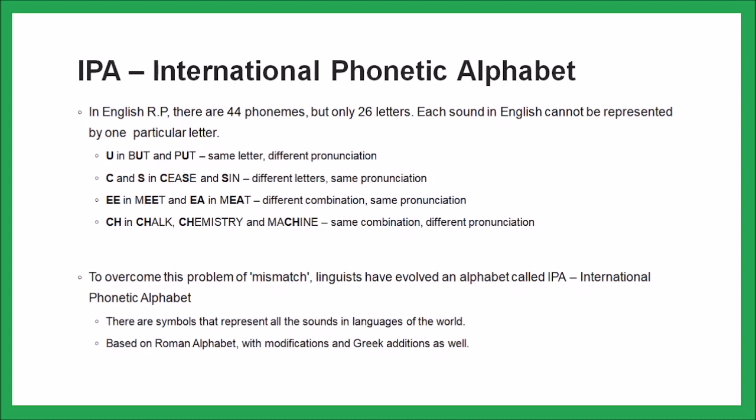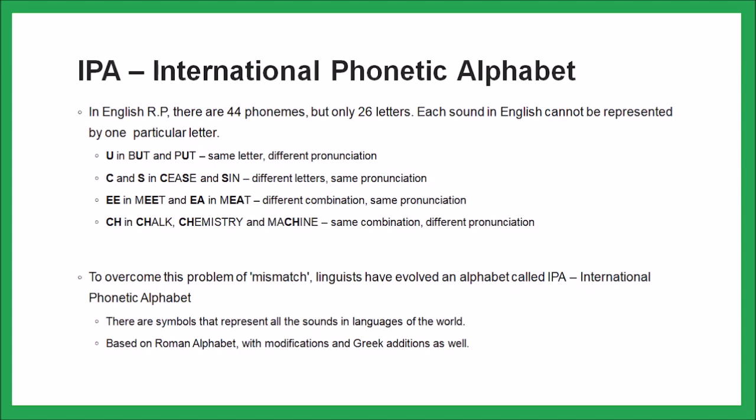Then take the letters C and S. In the word 'cease', C-E-A-S-E, which means to stop, the letters C and S get the same pronunciation. Then the letter S in 'sin', S-I-N. There again it is the S sound. So the two different letters C and S can acquire the same pronunciation.